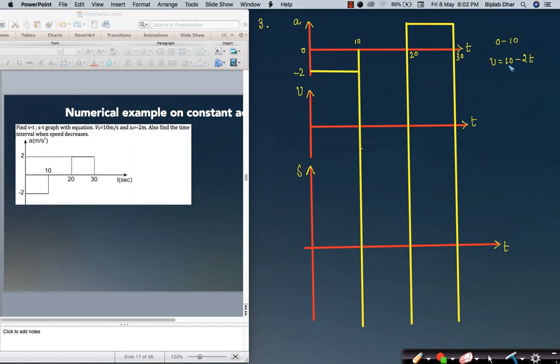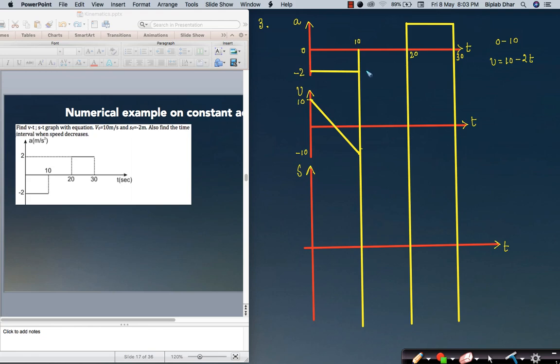Let us plot this graph. It will start from plus 10, and after 10 seconds it will go to minus 10. I hope you could draw this graph and match it with yours.